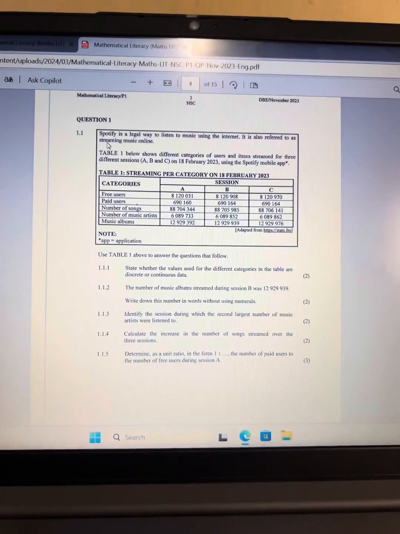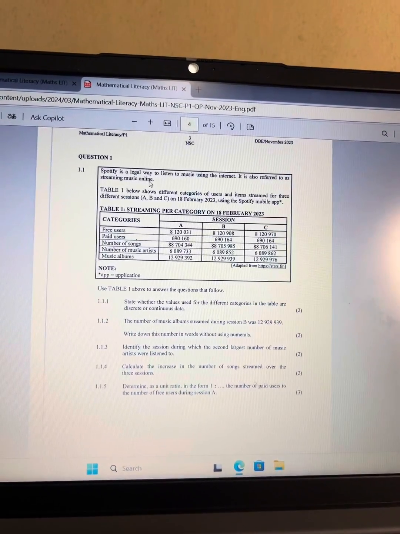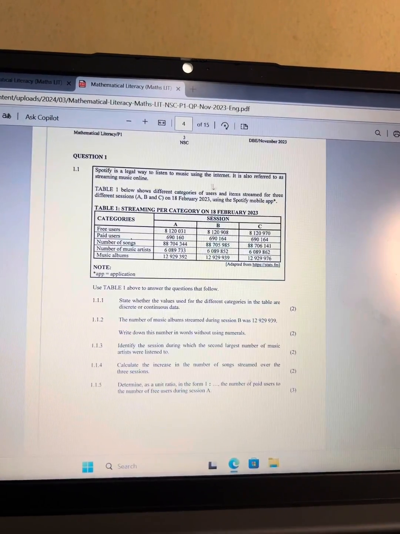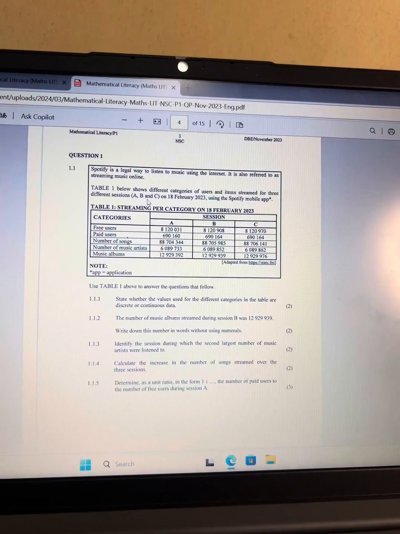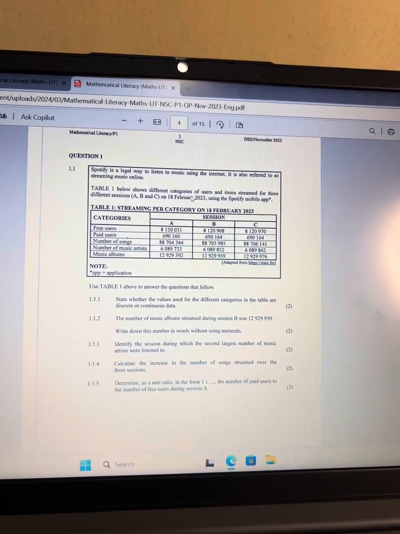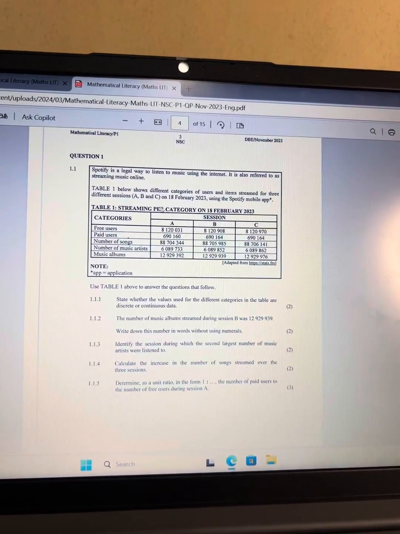They said that Spotify is a legal way to listen to music using the internet. It is also referred to as streaming music online. Table 1 below shows the different categories of users and items streamed for 3 different sessions.